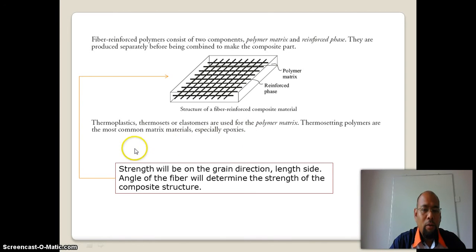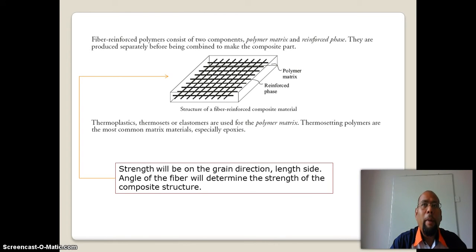Here there is a note stating that the strength will be in the grain direction, and the length, side, and angle of the fiber will also determine the strength of the composite structure. So the advantage of composite structure is that we can customize the strength based on our needs or based on the load exerted on the structure. That is the beauty of composite material.